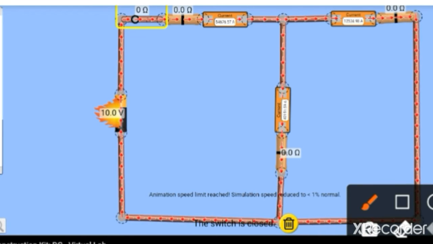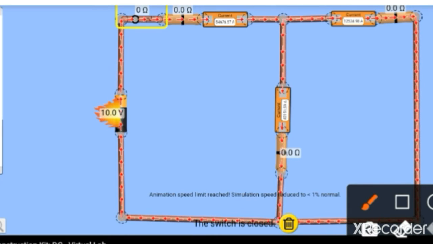That is, because of the low resistance value, that is the resistance value is 0 ohms, the battery is giving the voltage of 10 volt, so that an enormous amount of current is flowing through the branches. See, the current value will be some 54,000, like that.